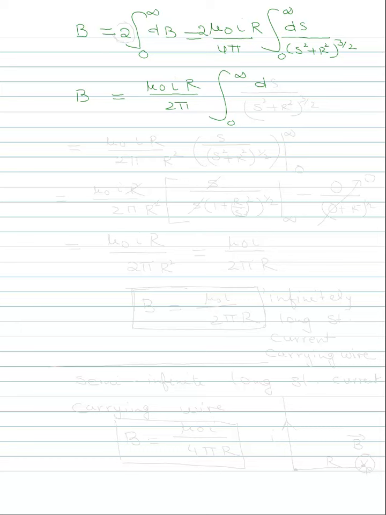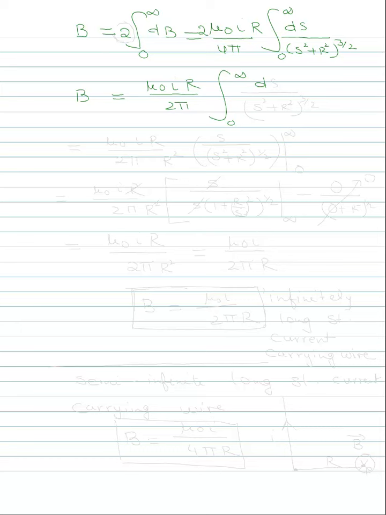I am just going to write down the answer for you. It's going to be s divided by s square plus r square to the power half, evaluated at infinity and 0. So what is that? Well, that's mu 0 I r over 2 pi. And if I evaluate this thing at infinity, a better way to write the same thing would be to write it like this.